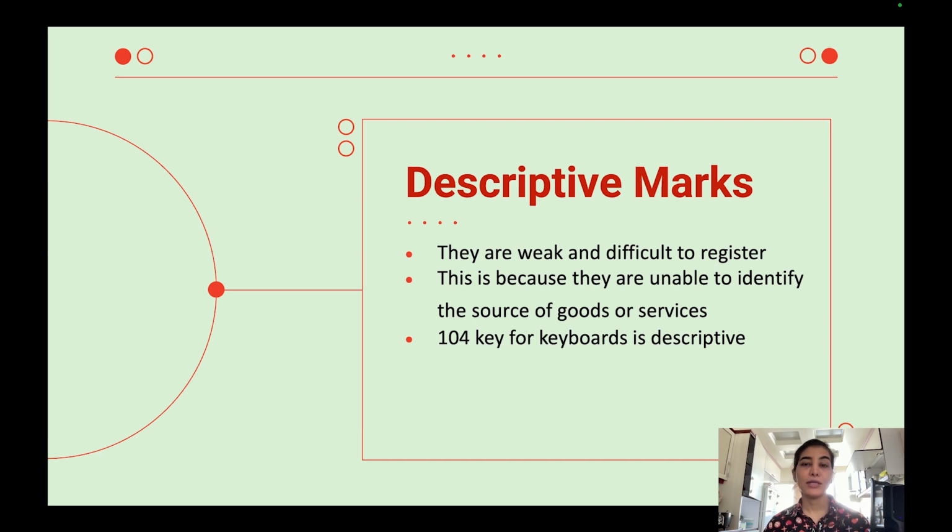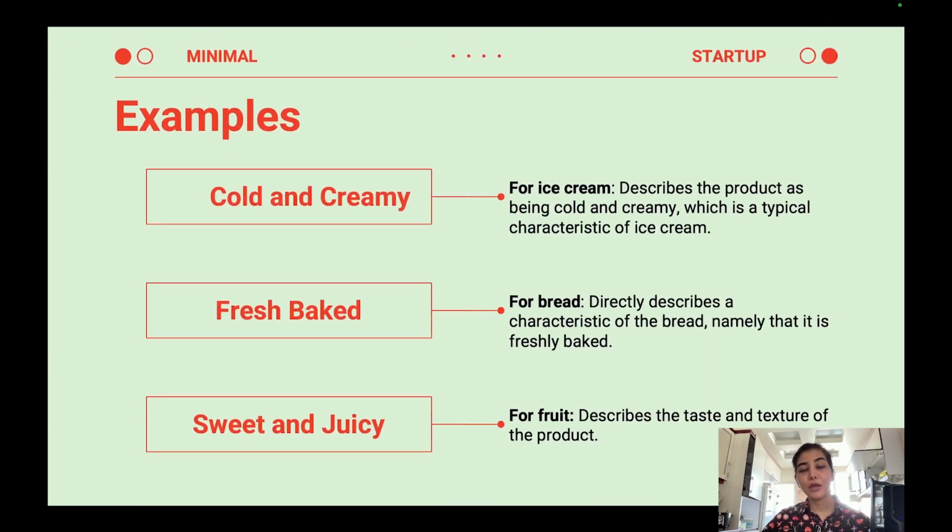For example, if you name your keyboard that you are manufacturing 104, it is a descriptive mark because in general, keyboards have 104 keys. So it's actually describing the keyboard, not using any name to identify it. Other examples are cold and creamy for branding an ice cream, fresh baked for branding a bread, or sweet and juicy for branding any fruit.